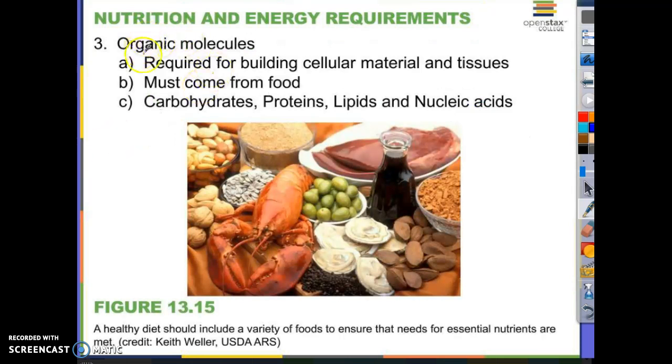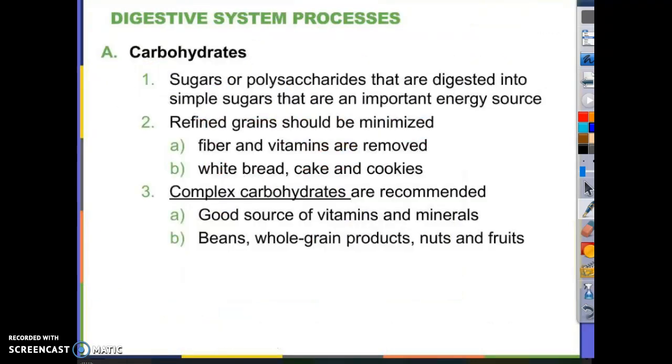We eat food to rebuild tissues and other things that are necessary in our body. I think that's pretty obvious. Carbohydrates: we're not going to spend a lot of time talking about them other than, like I said, you should eat complex carbs and less processed carbs. Obviously, there are good carbs and bad carbs.